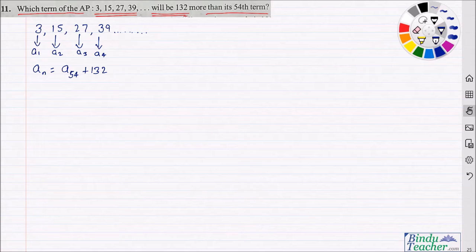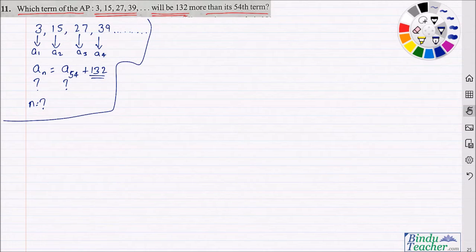Now we do not know what the 54th term is. We do not know what a of n is. We only know the difference between a of n and the 54th term. So we have to find n also. Okay, so this is the information that we have from the question.